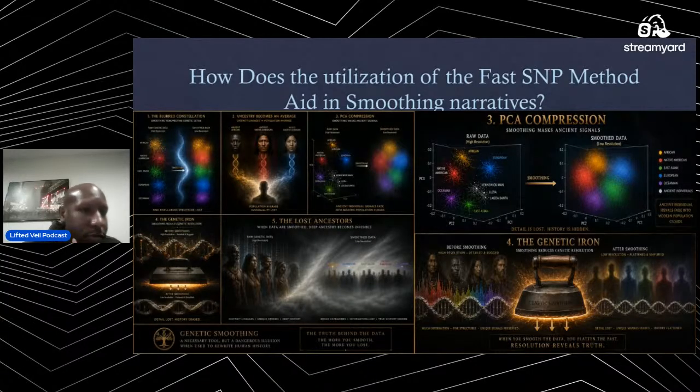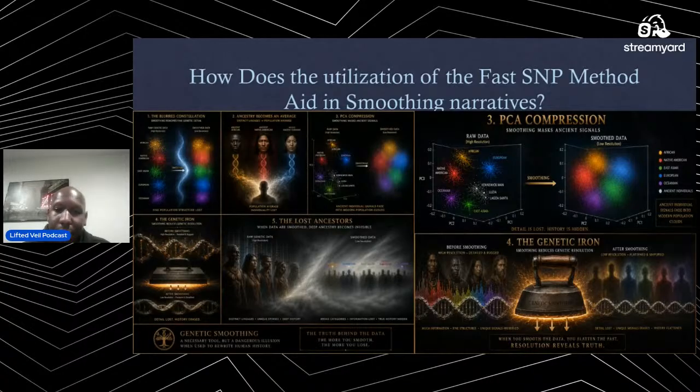So you can see here that what fast SNPs do to genetic data is basically compress it, and it can convolute what populations are related to what, how far in distance they are from each other, and so forth. I think the illustration pretty much speaks for itself. I thought that was nicely done by ChatGPT.